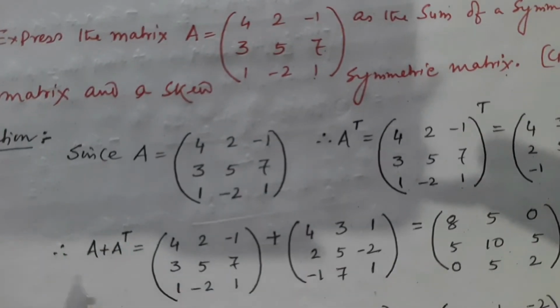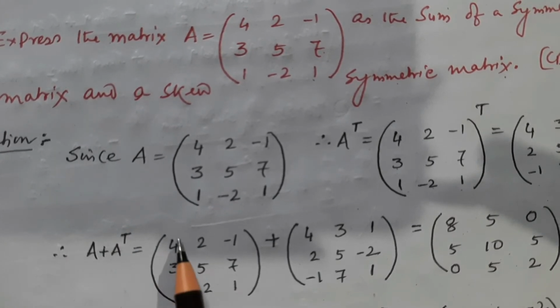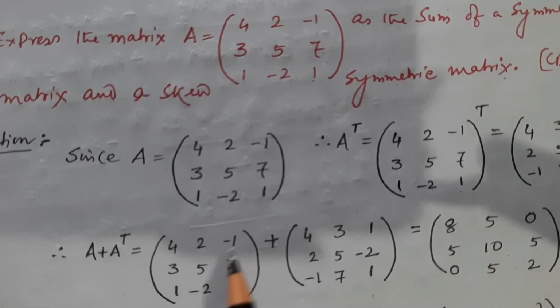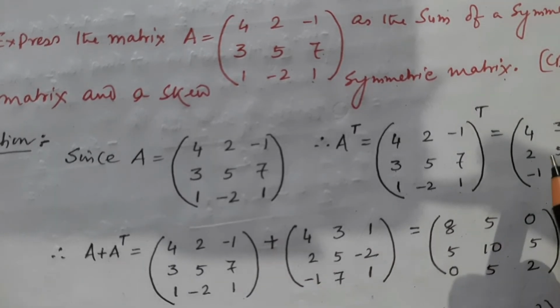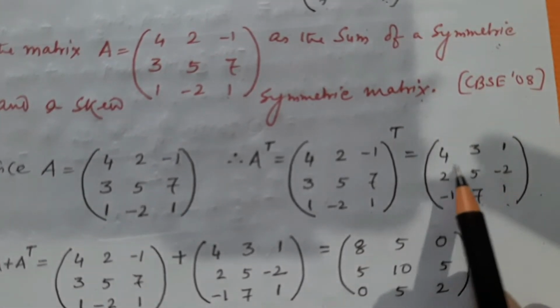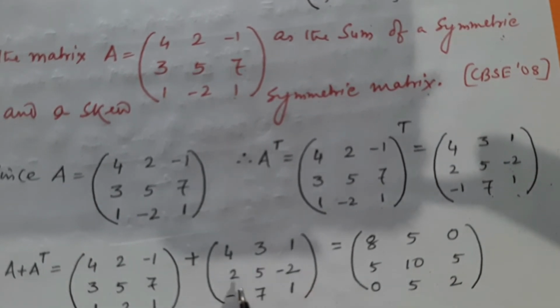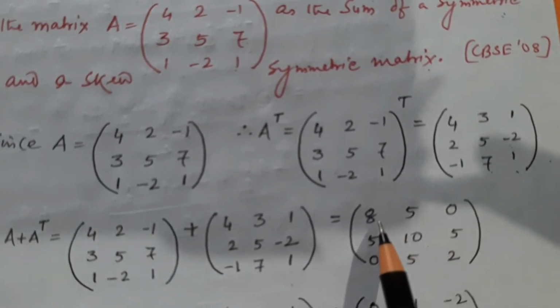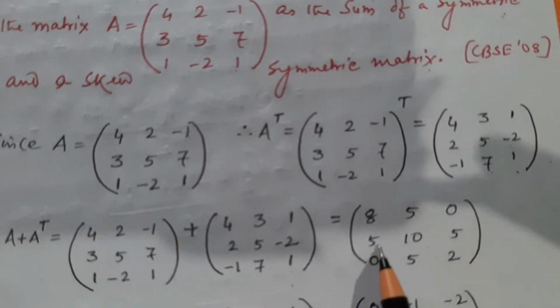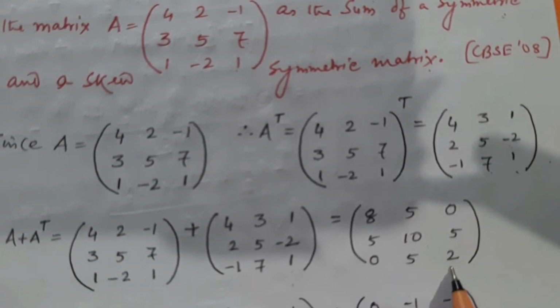Now A plus A transpose equals A, this matrix [4 2 minus 1; 3 5 7; 1 minus 2 1], plus A transpose, we calculate A transpose [4 3 1; 2 5 minus 2; minus 1 7 1]. We add these two matrices, we ultimately get [8 5 0; 5 10 5; 0 5 2].